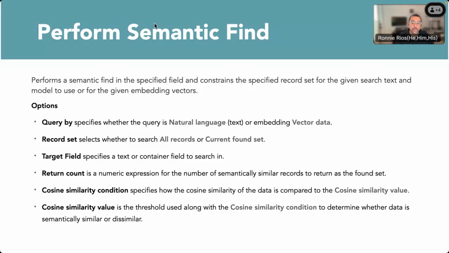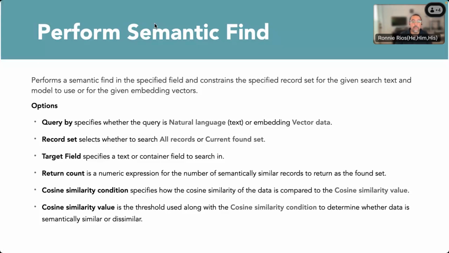Then you got two other really interesting options here, which is the cosine similarity condition and cosine similarity value. They work together. So cosine similarity condition allows you to specify conditions that must be met, right, within the cosine similarity threshold. So either greater than, less than or equal to, and things like that, or ranges for that cosine similarity.